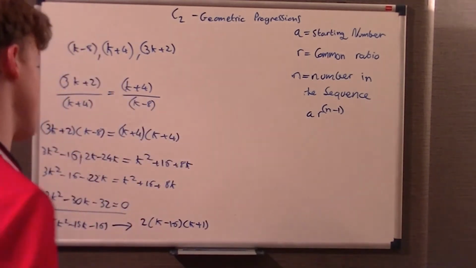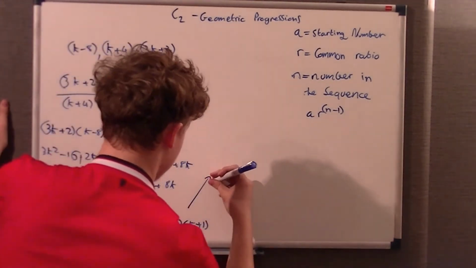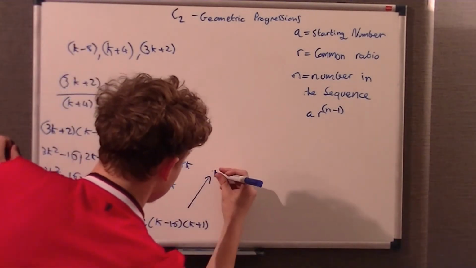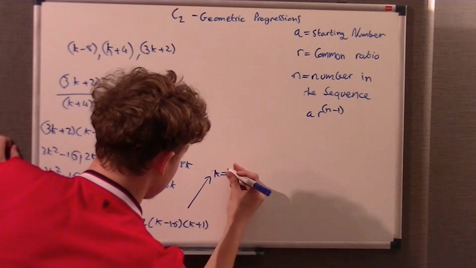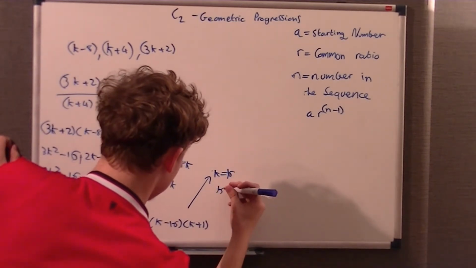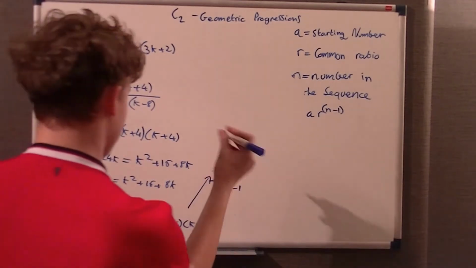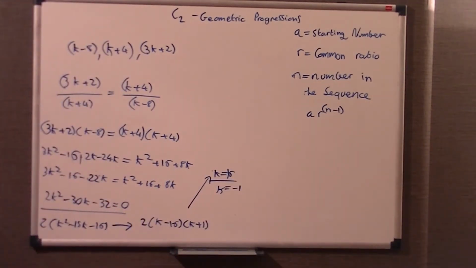As it says, k has to be a positive integer, so if we do that, we get k is equal to 16, or k is equal to minus 1. Now it says k is positive, so k must be 16. That's how we work out k in that situation.